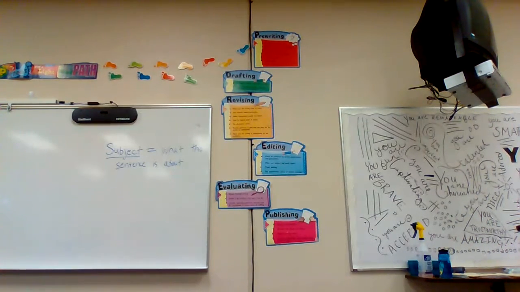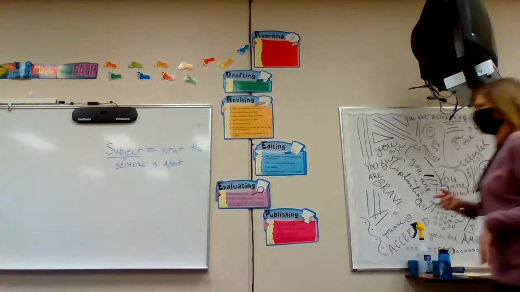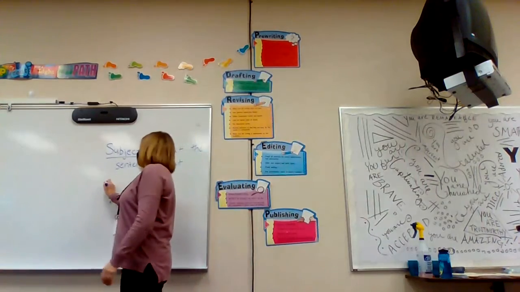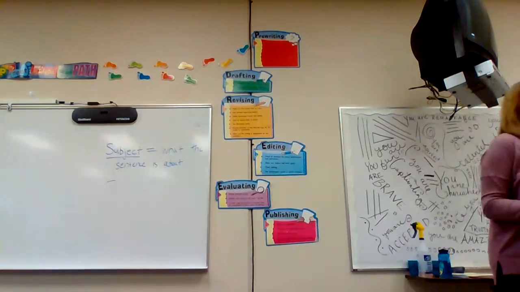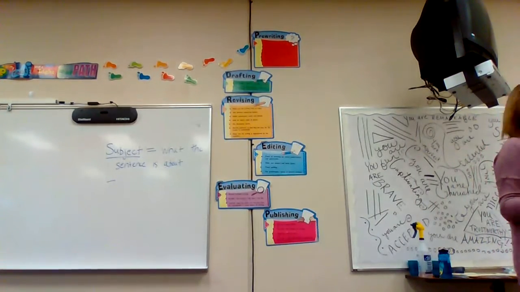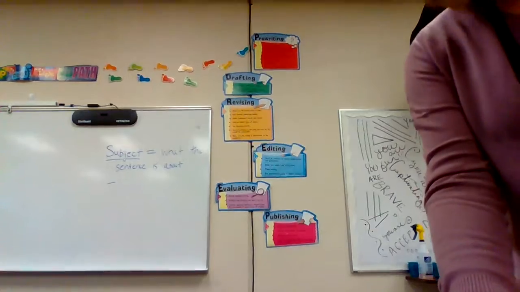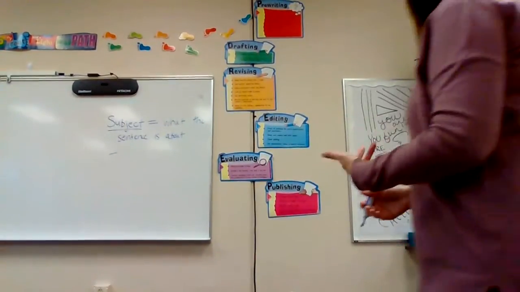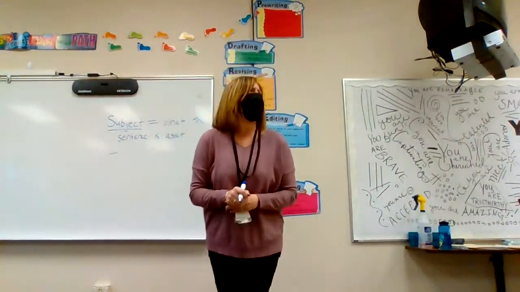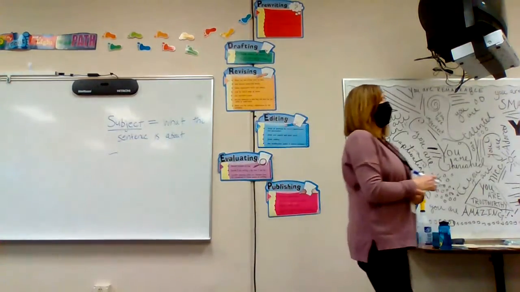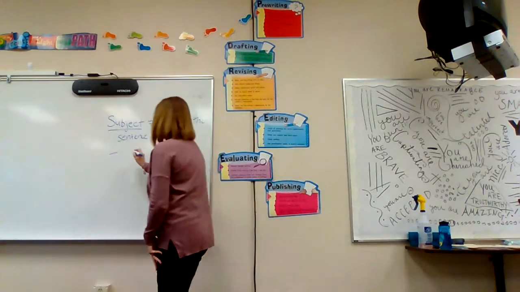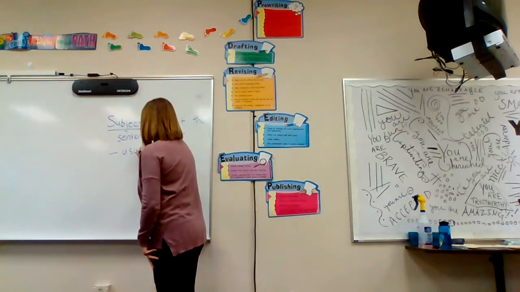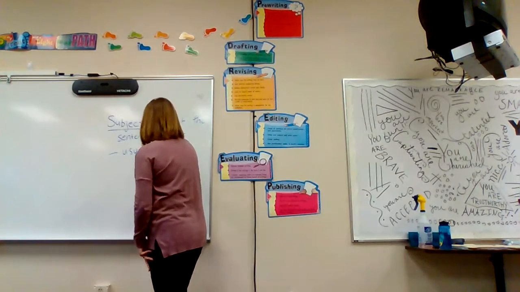Now, I'm going to give you a couple of hints about where you can find the subject. In English, there are a lot of exceptions to rules, so I never say always, but usually, where can you find the subject of a sentence? Usually. Mia? Yeah, at the beginning of the sentence. So I'm going to put usually found at the beginning of a sentence.